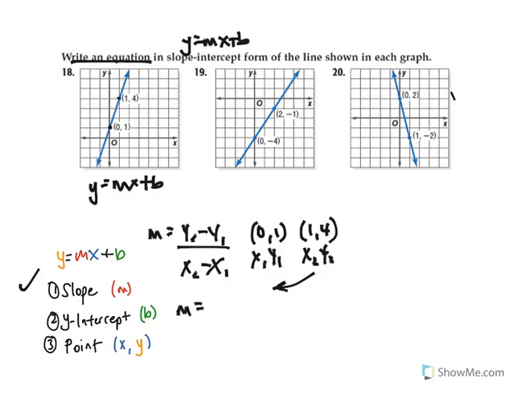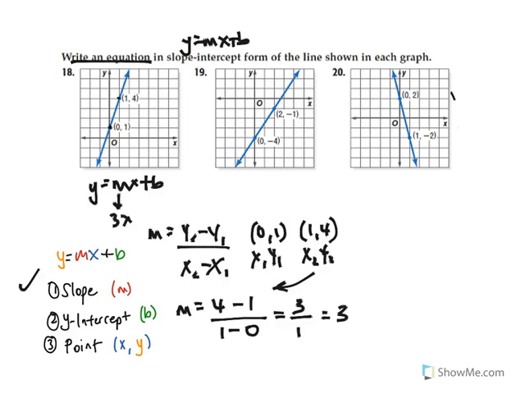I get slope equals y2 is 4 minus y1, which is 1, over x2, which is 1, minus x1, which is 0. I get 4 minus 1 is 3, over 1 minus 0 is 1. The slope is 3. So I substitute the slope here.